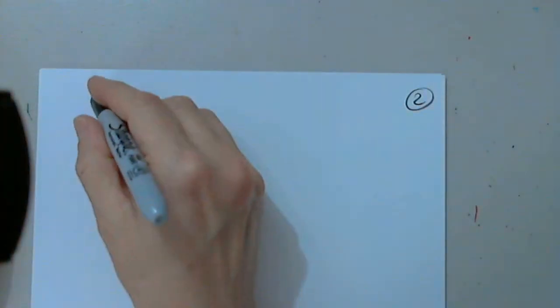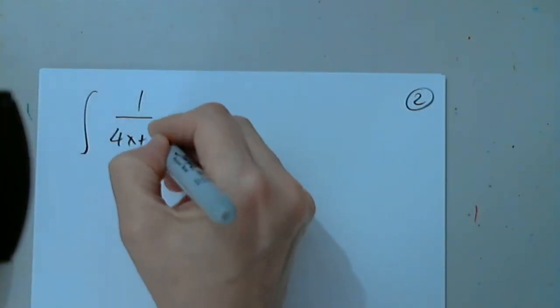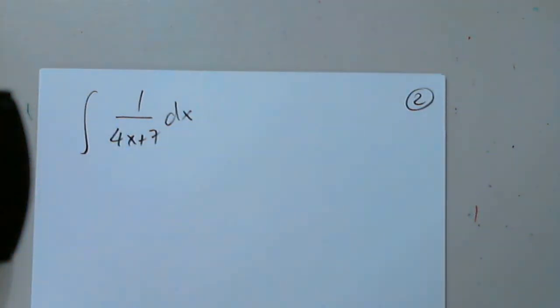The next one was the integral of 1 over 4x plus 7 dx. How do we start? Any suggestions, any comments on this one? What is our starting point? What do you think?